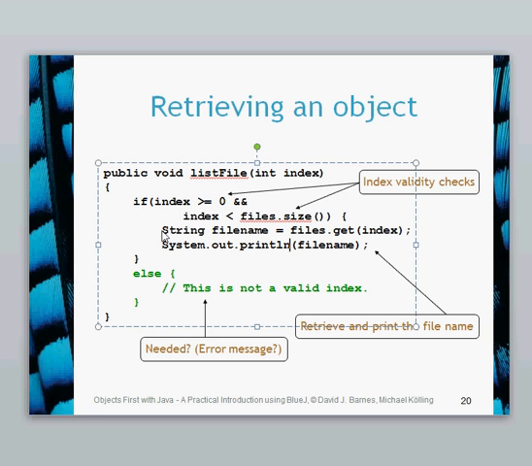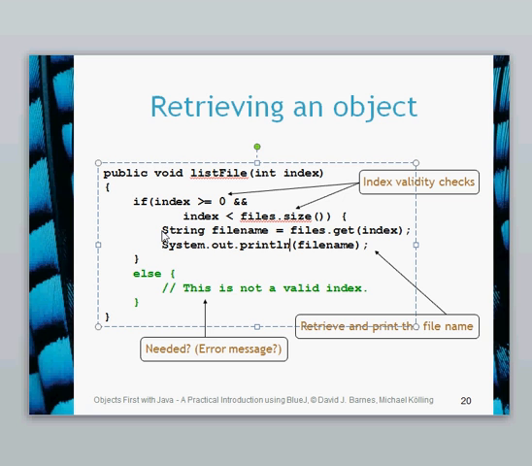So you do an external method call on the files object, and then use the get method, and that takes a parameter of type integer, which is the same type that the listFile method takes. That integer is then used to get the actual file name, and System.out.println will then print out the specific file name which you retrieved.